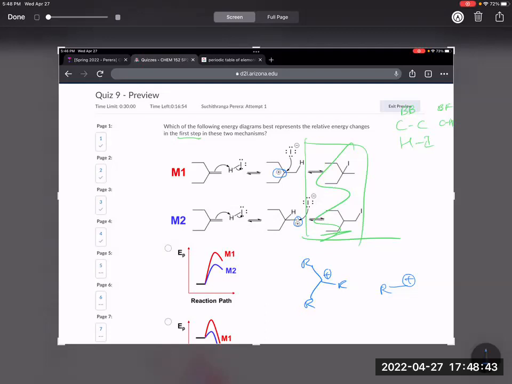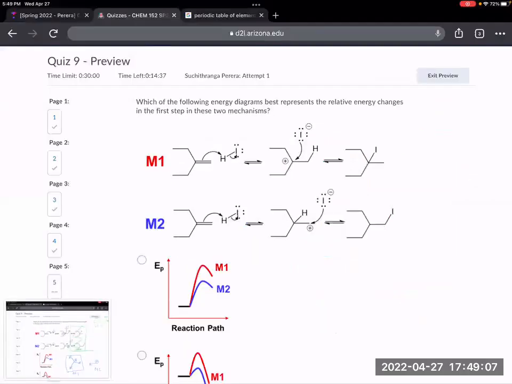Therefore, we know that the cation generated by the M1 mechanism has to be more stable compared to the M2 mechanism. If it is more stable, it should have a lower potential energy. So with M1, you should have an intermediate with a lower potential energy, and that's what we're looking for in our answers.